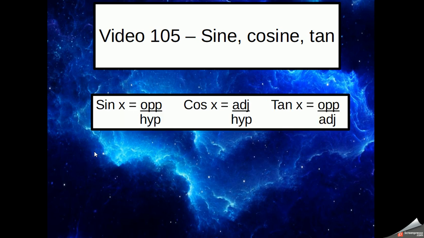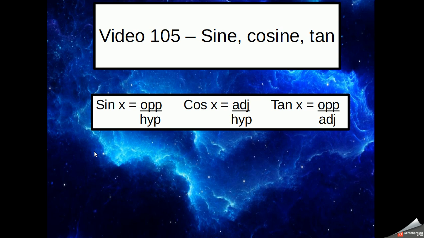Now these equations tell you what the sine of that particular angle, x representing an angle, should be equal to. So for instance, if I took the sine of the angle that I'm working with, it will be equal to the opposite side divided by the hypotenuse. If I want to find the cosine of an angle I'm working with, it's equal to the adjacent over the hypotenuse.